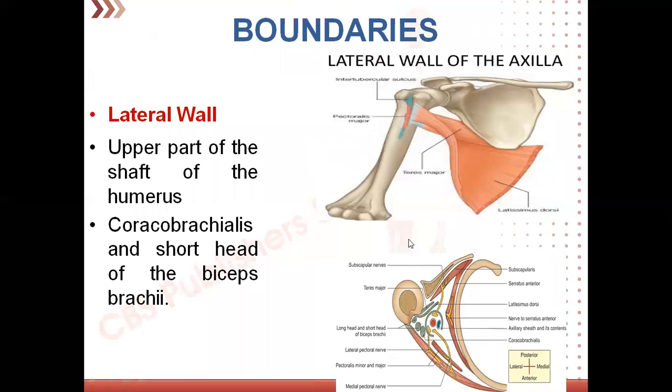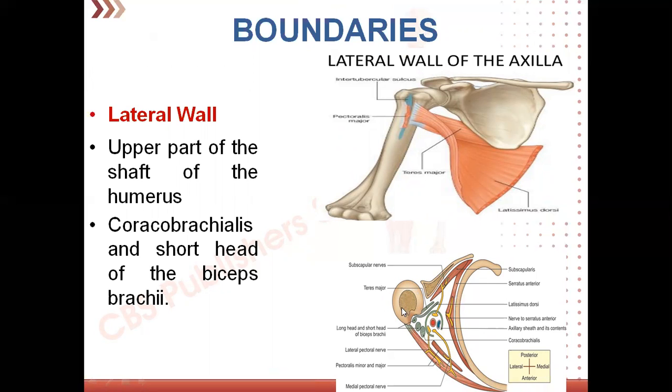Now coming to the lateral wall. In this picture, this is the anterior wall, this is the posterior wall, and this is the medial wall. The lateral wall is formed at the convergence of the anterior and posterior walls.